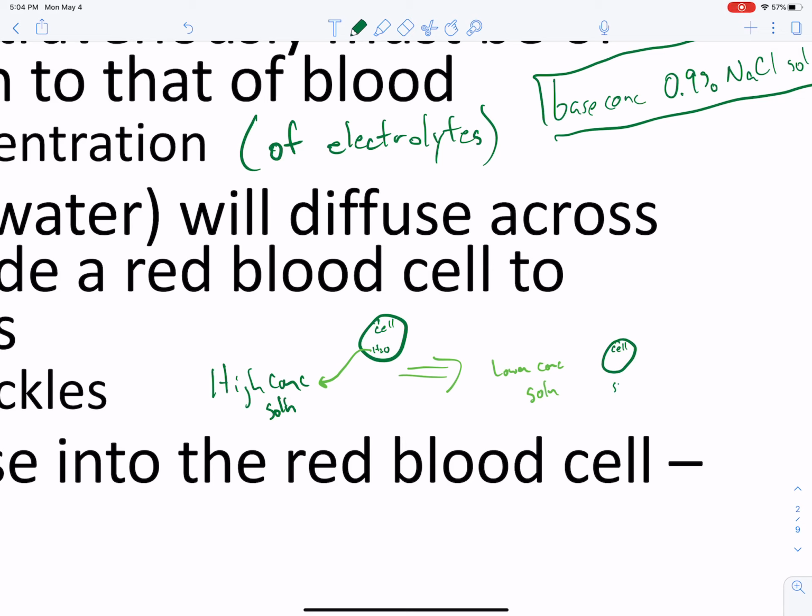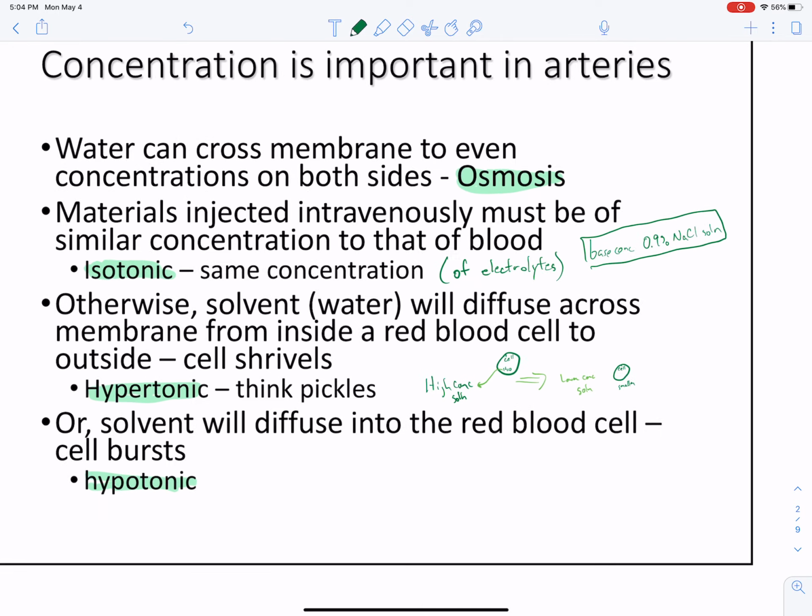Notice that the cell is smaller. So that poses a bit of a problem. This is called hypertonicity or hypertonic.